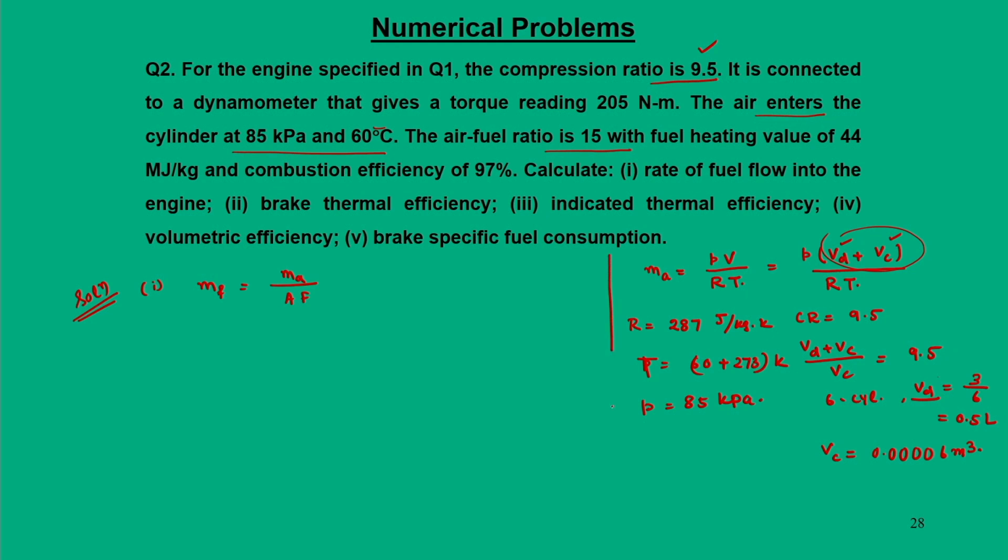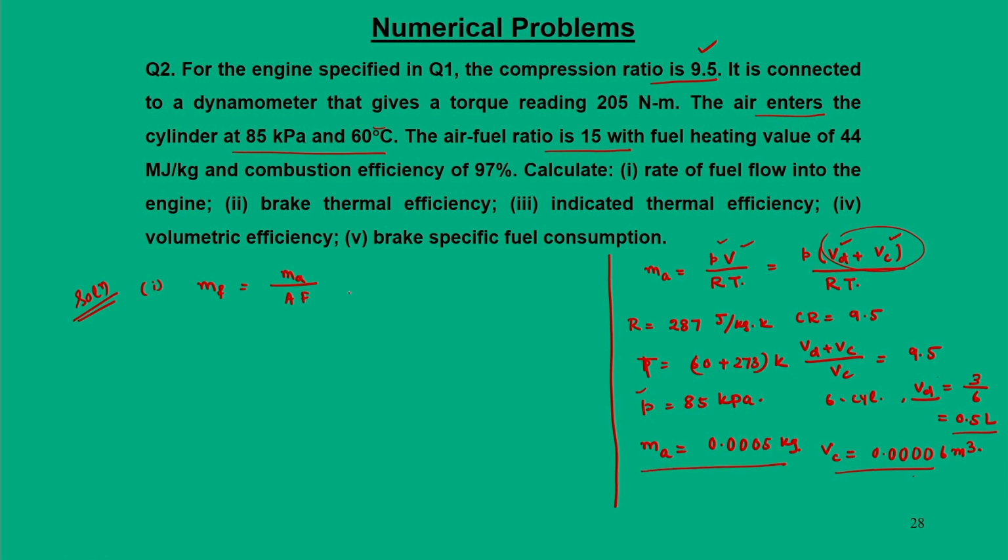So, putting all these numbers, we can get the mass of the air which is going into the engine as 0.005 kg, because we know P, we know V, V is nothing but this plus this, R is known, T is known, then we can get m A.